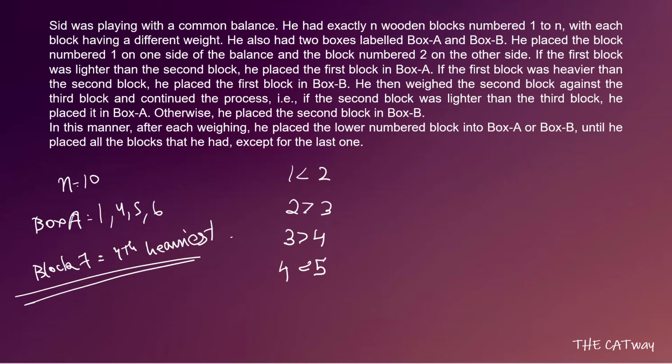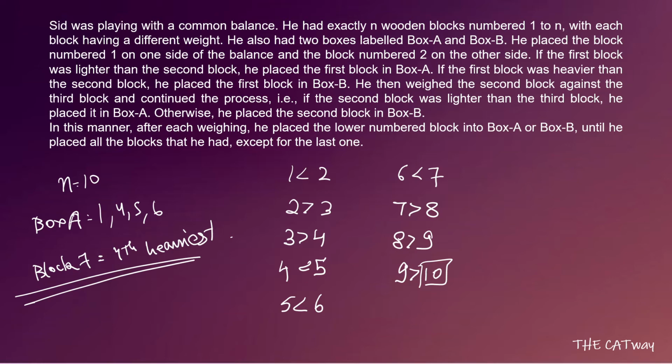With 5 coming in box A, we can say that 5 is lighter than 6. 6 coming in box A, we can say that 6 is lighter than 7. 7 coming in box B, we can say that 7 is heavier than 8. 8 coming in box B, we can say that 8 is heavier than 9. And 9 is in box B, so we can say that 9 is heavier than 10. About 10, we cannot say anything.